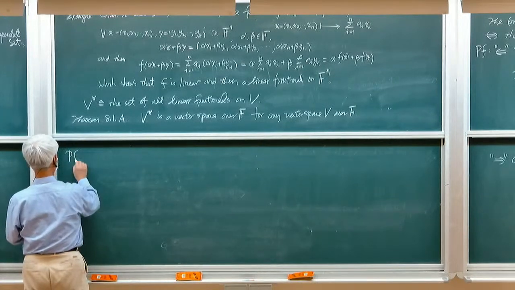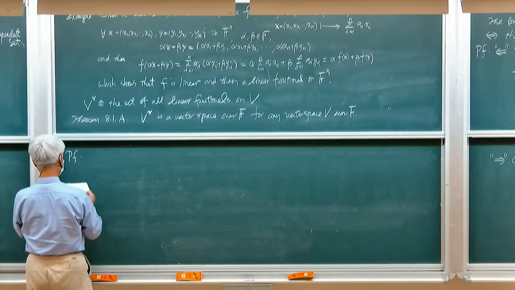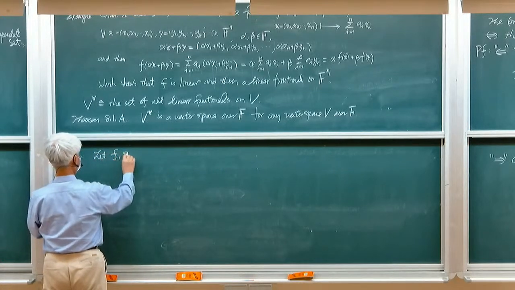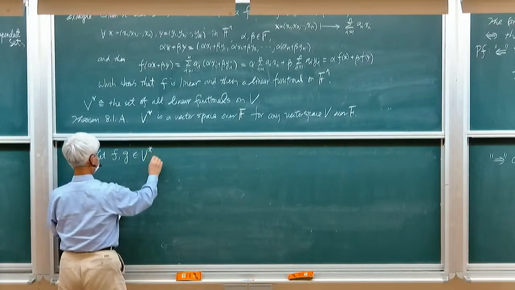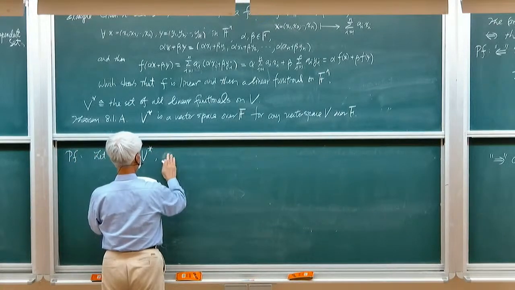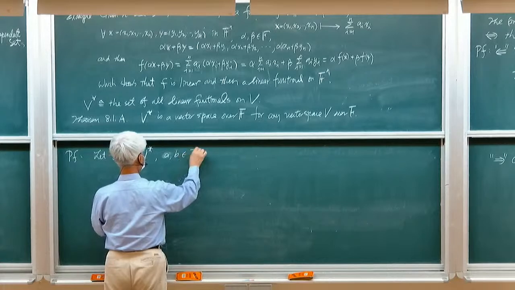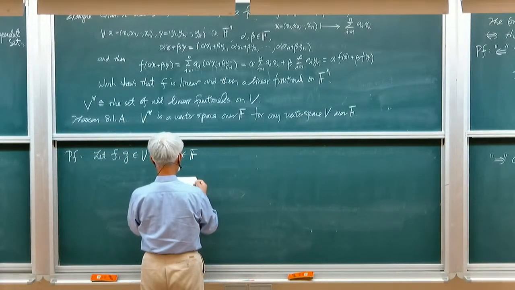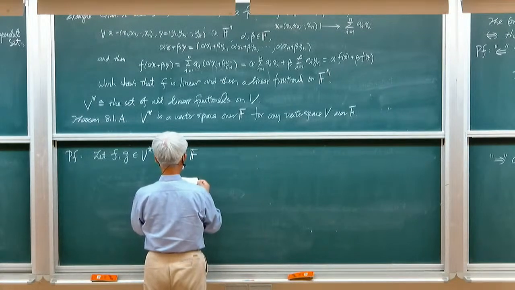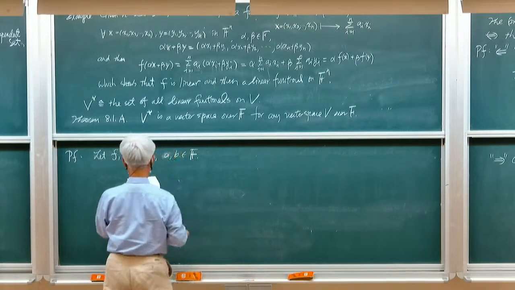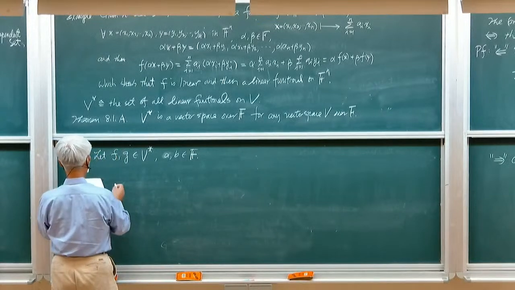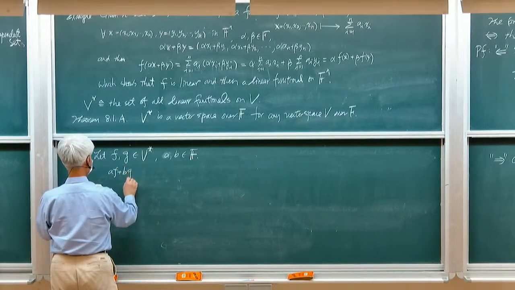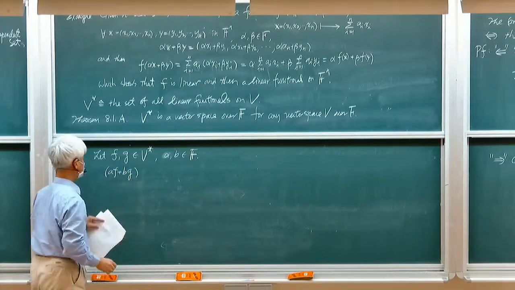Right, and the proof is here. Right, so we let f, g be in V star, and a, b be scalars in R. Now we look at their linear combination.